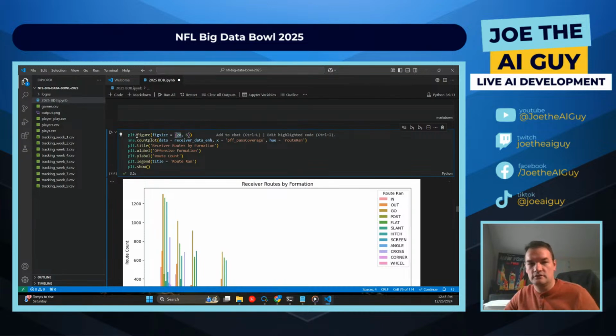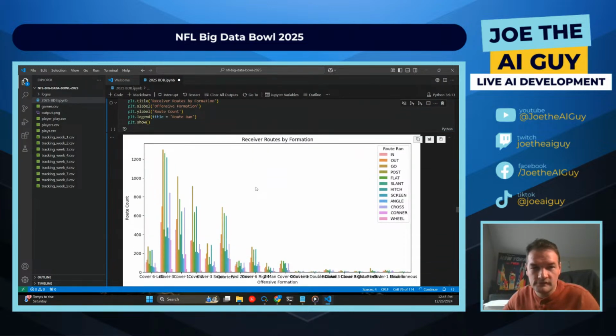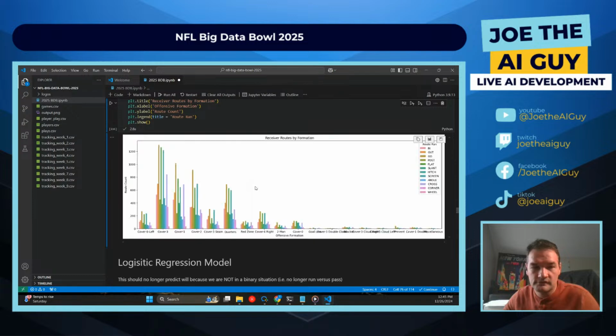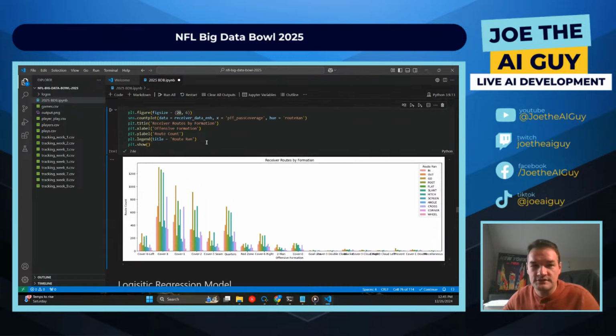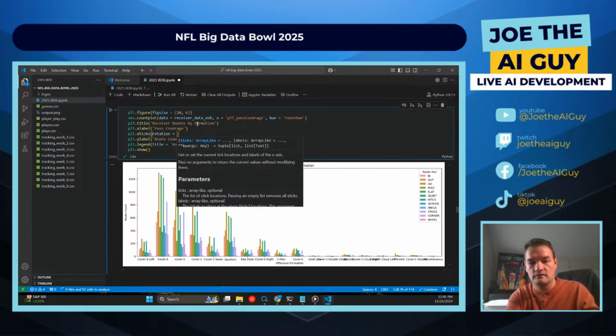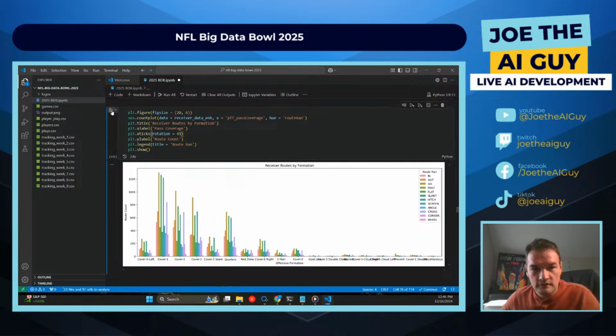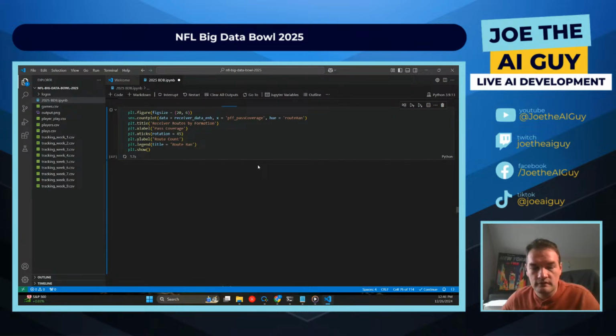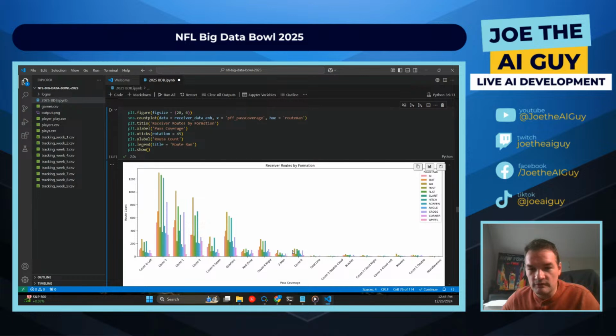It needs to be much longer. Let's do this. So this isn't offensive. This is defensive coverage. And let's add a rotation to this. Then we can read them a little bit better.